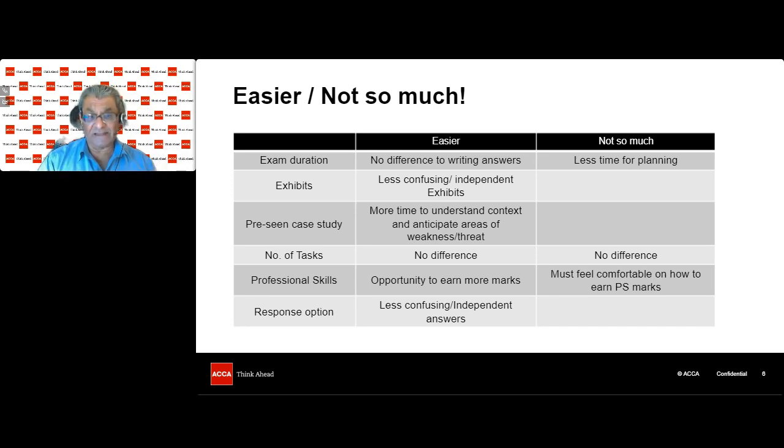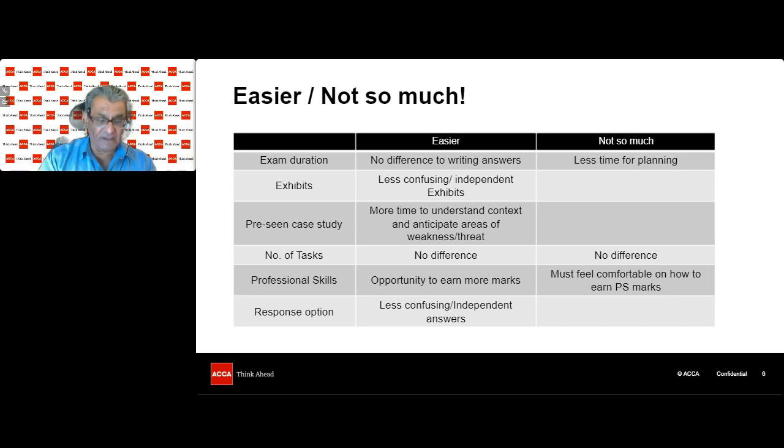This was exactly what I recommended to students when the exam was 4 hours long: 1 hour for reading and absorbing all the exhibits and the huge amount of information, and then 3 hours for writing the answer. So in that sense, the duration hasn't changed.